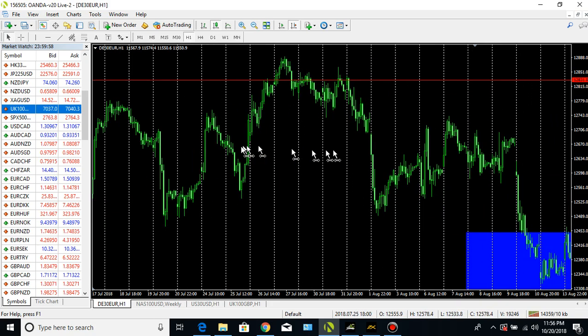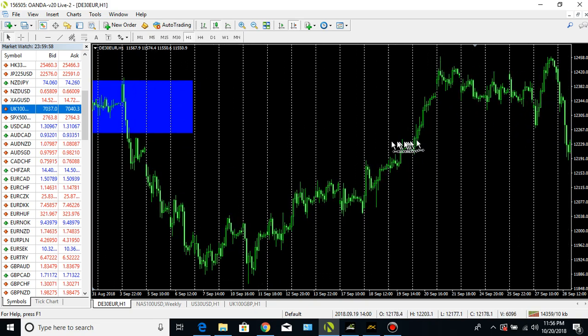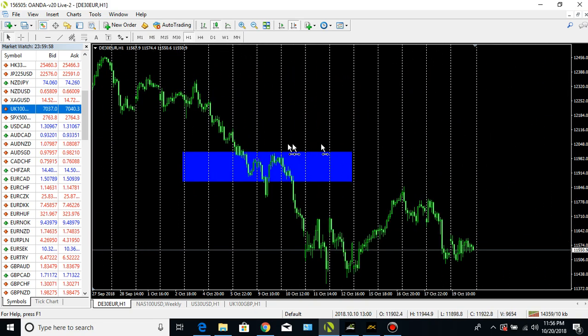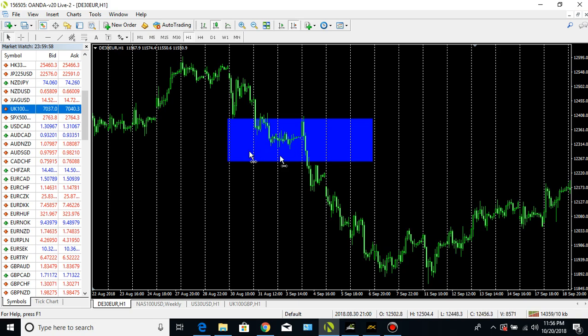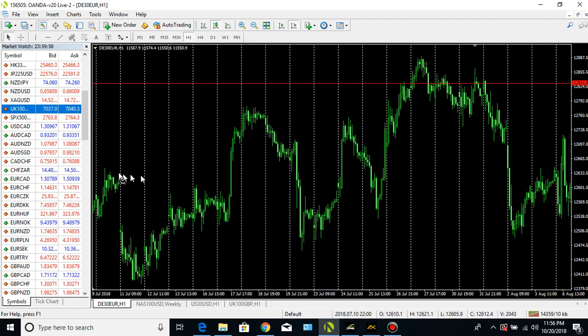Wow, my chart won't allow me to go back. This chart is refusing me access to go all the way back. Maybe it's because it's the weekend, I'm not sure.